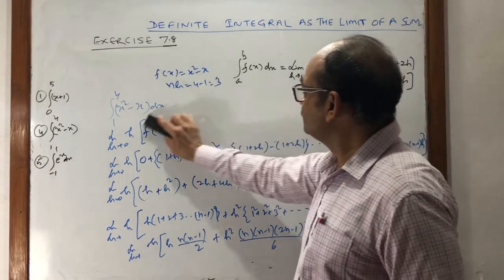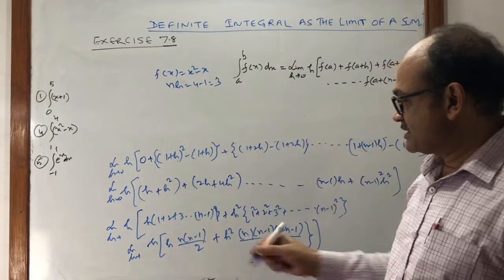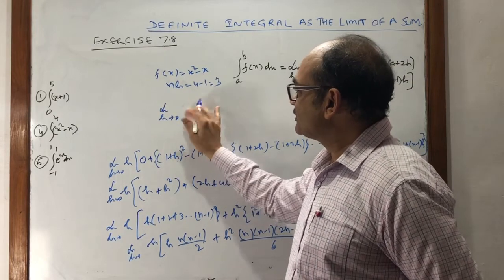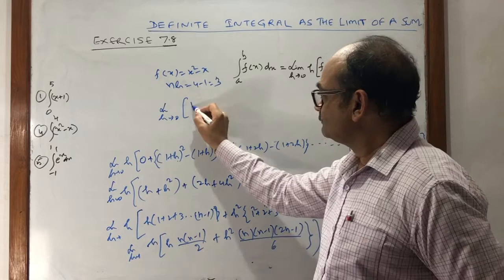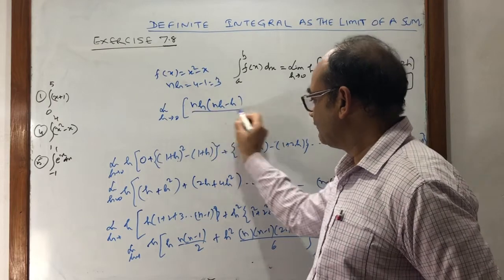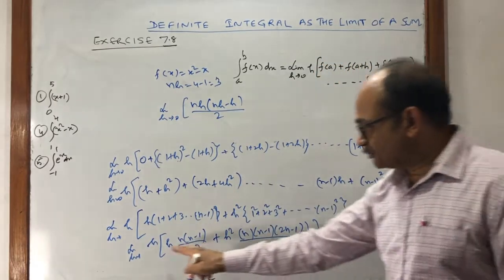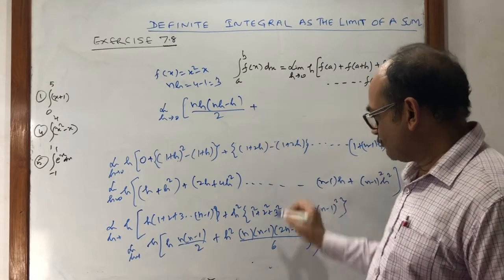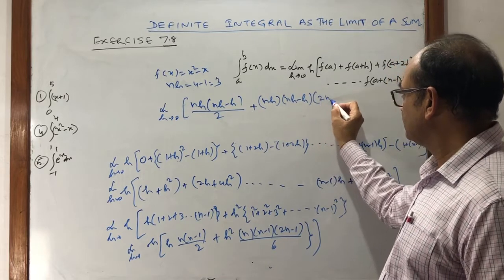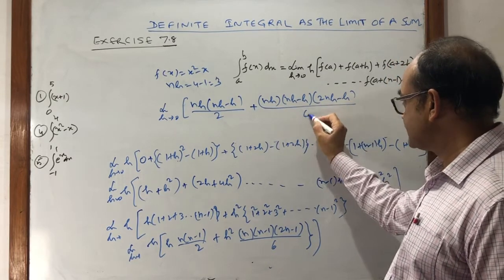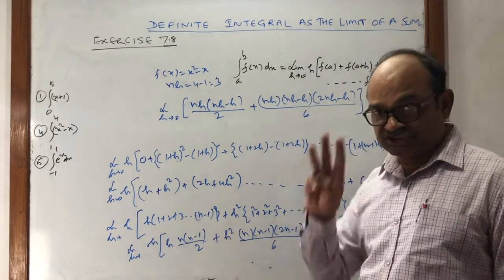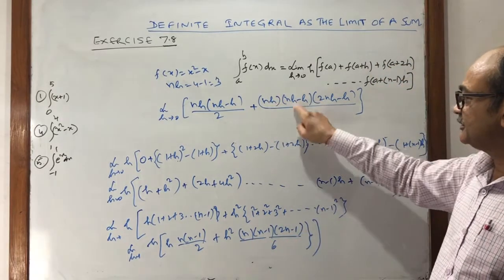So the last step now: you have to simply put h inside. Limit h tends to 0. If h goes inside, see, nh, this h and nh minus h divided by 2. This h goes inside and here h cube. That's why for every one we use one h as we open the bracket, divided by 6, because h and h square, h cube, we have 3 factors, so every time nh, nh and nh.